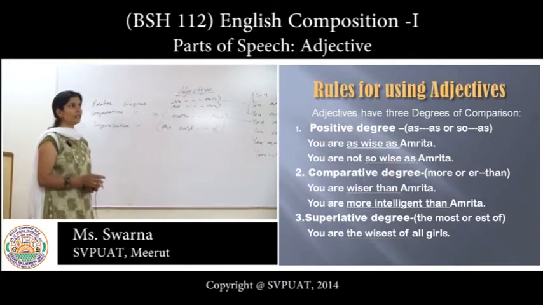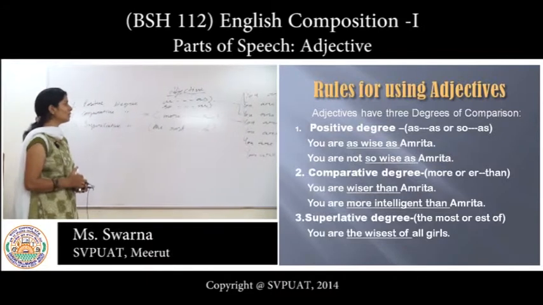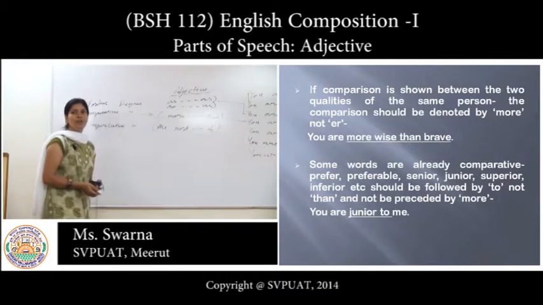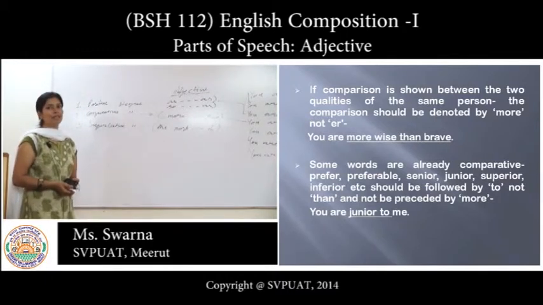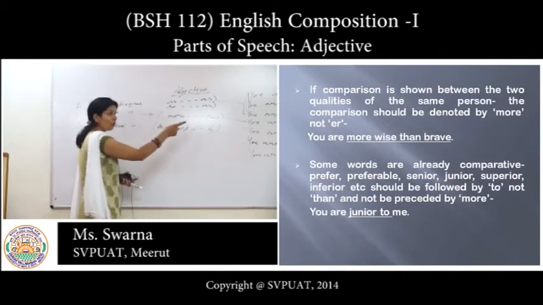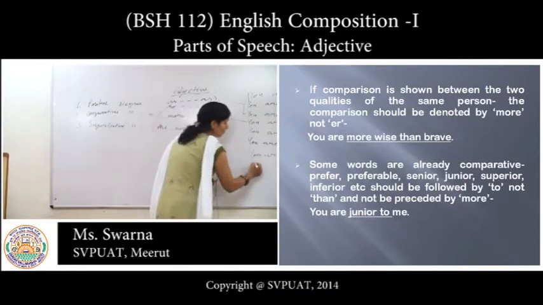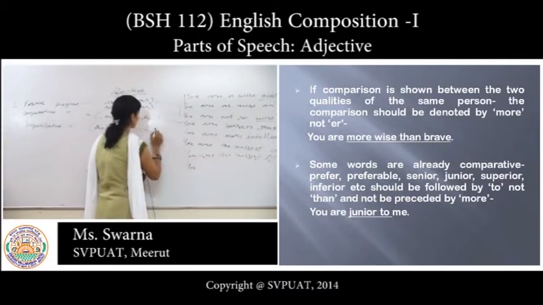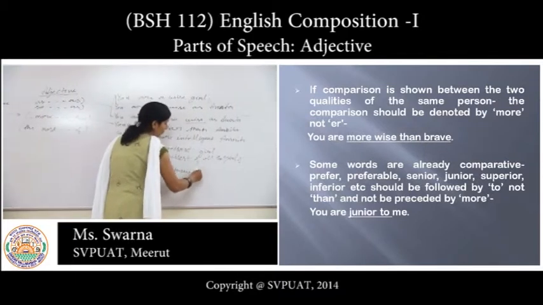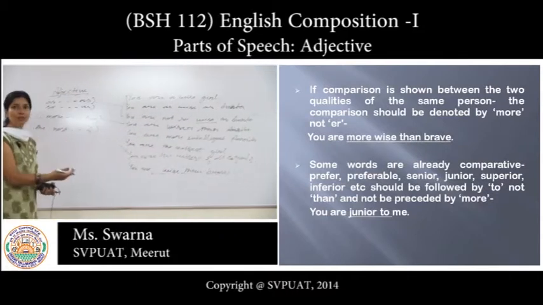And there is one thing which should be taken into consideration: if we compare two qualities of the same person, then we always use more, not er. Like if we use the sentence, you are wise than brave, then what will we use?